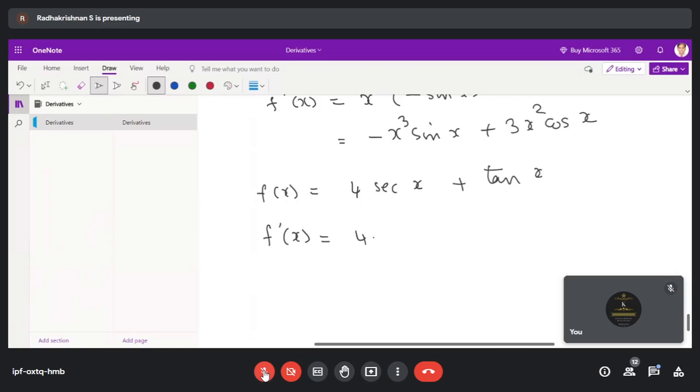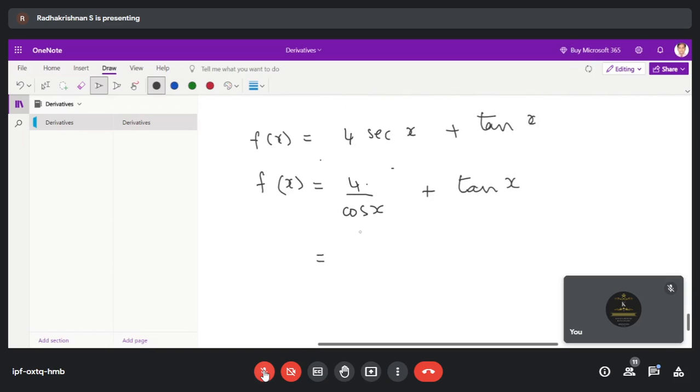Okay. Let's write it, one step extra here. We don't know the derivative of secant x, so we can write it as 4 by cos x. We saw tan x earlier, so we can keep tan x as it is.